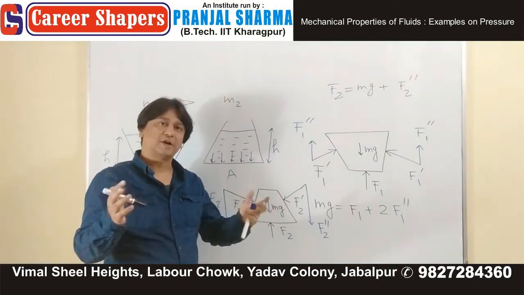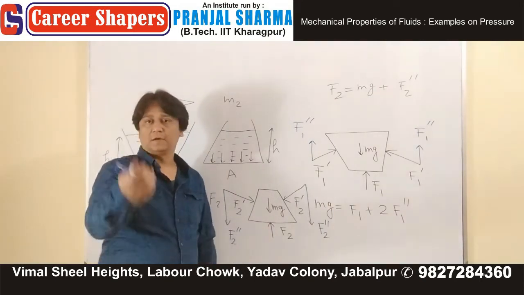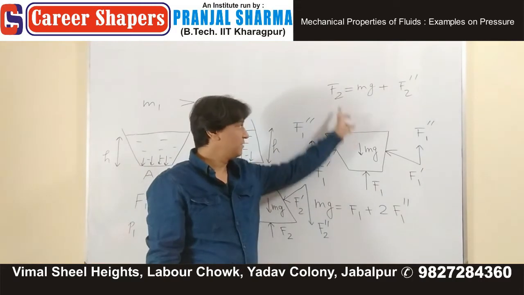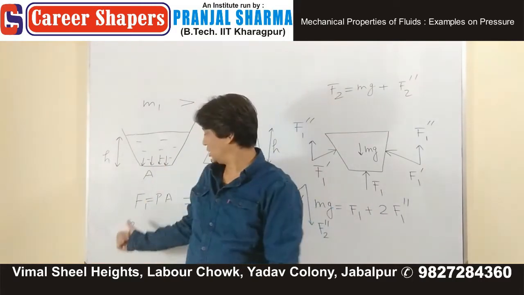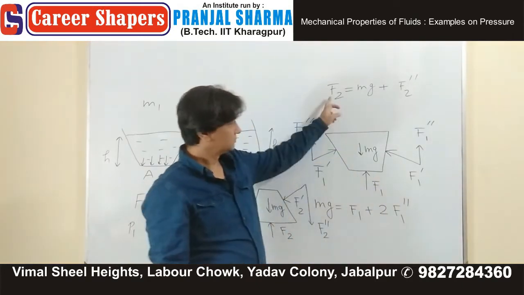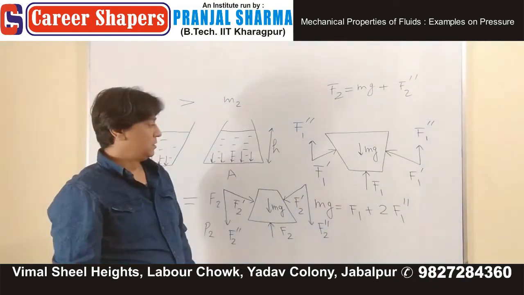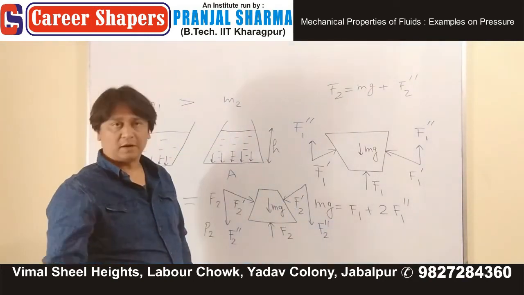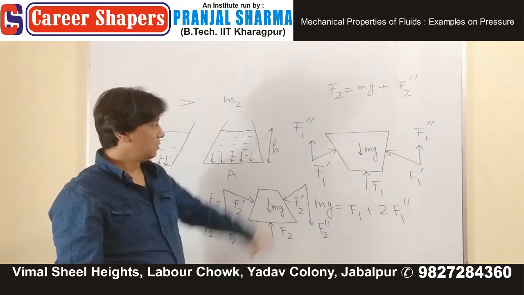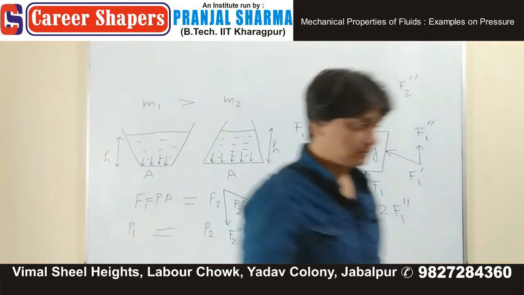Just so that you understand the free body diagrams, I have drawn these things. And in this particular question, we have the same value of F1 and F2. That gives you an idea what is happening in the whole setup. Draw these free body diagrams also.